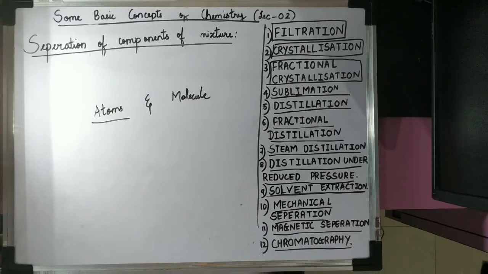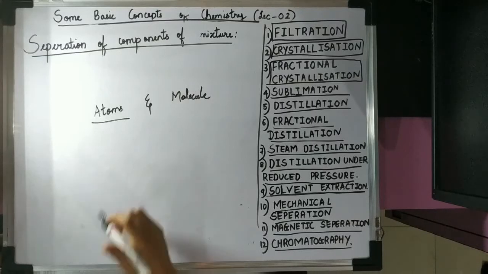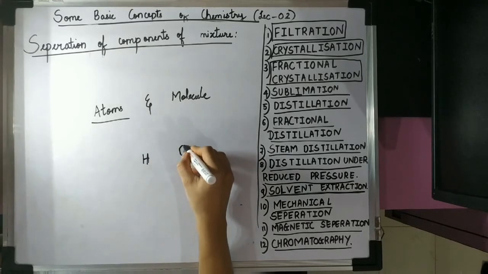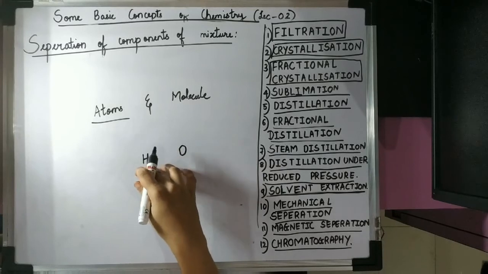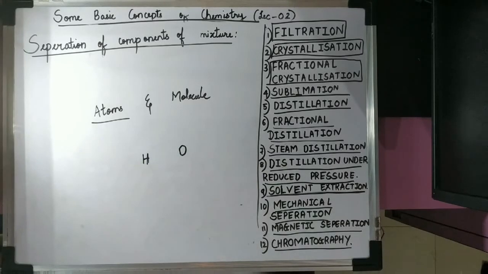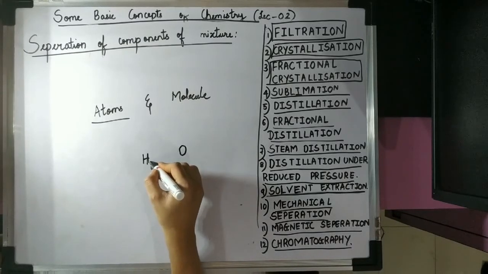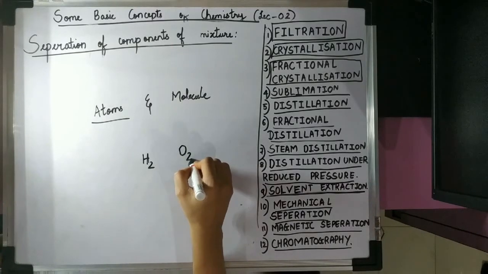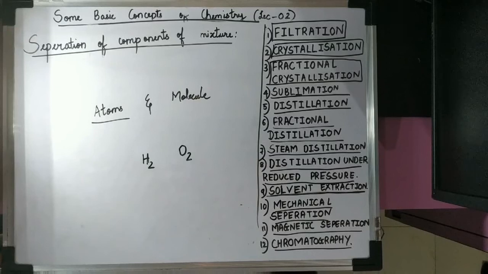If I say hydrogen, or let's say oxygen, these are individual entities, although they may not be present as individual entities in the atmosphere. Hydrogen is not present as a nascent hydrogen atom, but as a hydrogen molecule. Similarly, oxygen is also present as an oxygen molecule. So atom is the smallest indivisible entity.